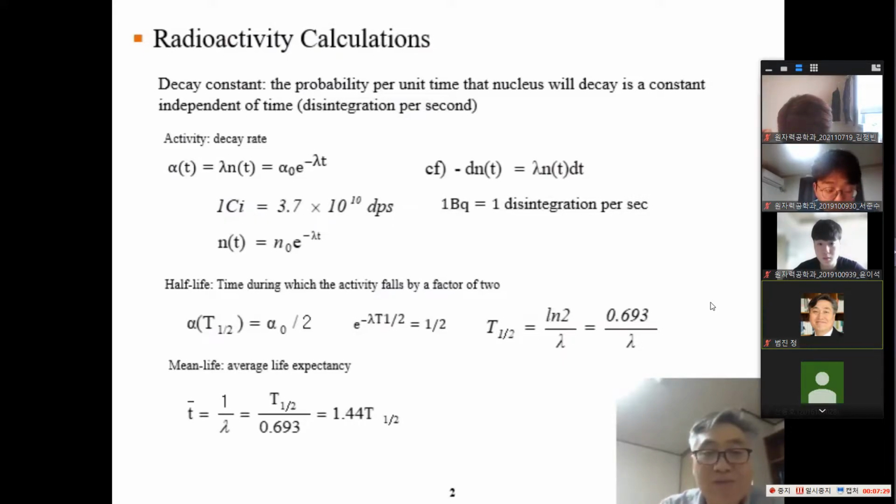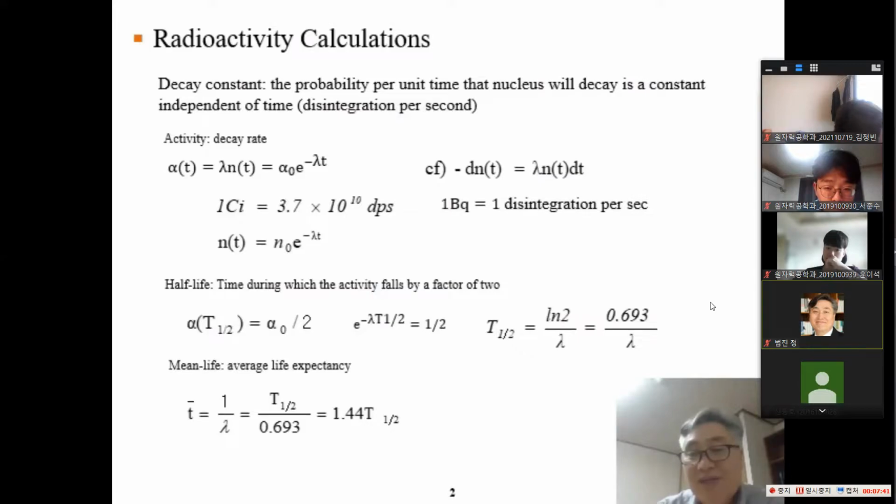The alpha 0 becomes half alpha 0, so alpha 0 is cancelled on both sides. The equation becomes this, and that means the half-life equals 0.693 over lambda. So this is the equation for half-life.